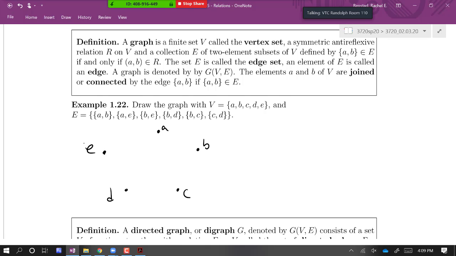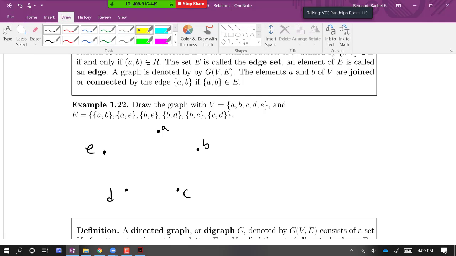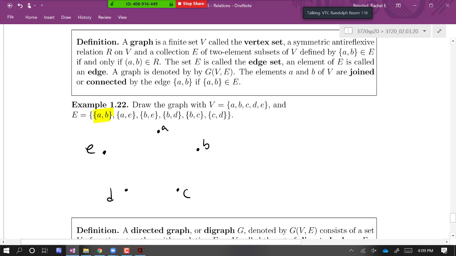Then we could think of a relation on this set of vertices by saying, well, 2 vertices are related if they're connected by an edge. So we have a set of edges. And these edges are not directed. Notice that we're using curly braces here and not ordered pairs when we list these edges. So here's an edge set.